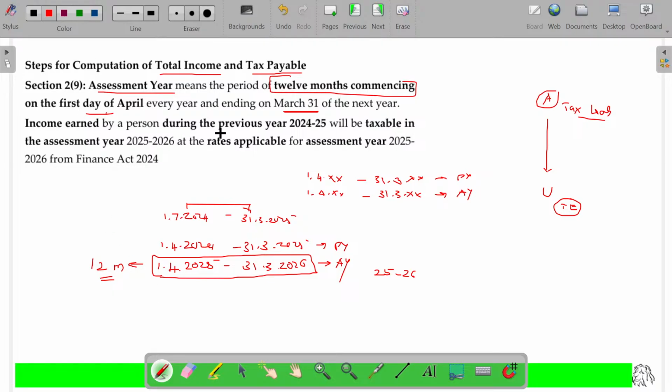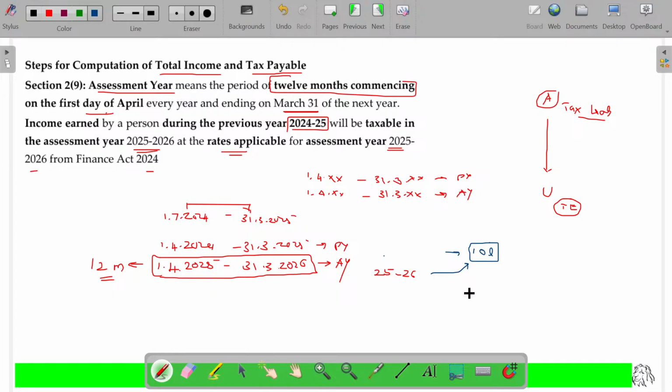So, income earned by a person during the previous year 24-25 will be taxable in the assessment year 25-26 at the rates applicable for the assessment year 25-26, which is from the Finance Act 2024. Is that okay? So, what happens? We have assessed for this period the income of the earner being 10 lakhs. So, the income earned by the assessee in the year 24-25 is 10 lakhs, assessed in this year.